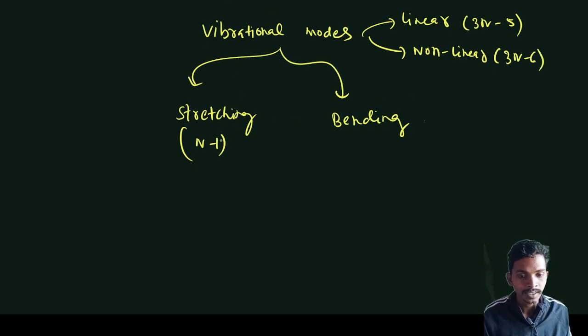We discussed that stretching is n minus 1. And we know the vibrational modes for linear and non-linear molecules: for linear it is 3n minus 5, and for non-linear 3n minus 6. We discussed that stretching is n minus 1 for both linear and non-linear.